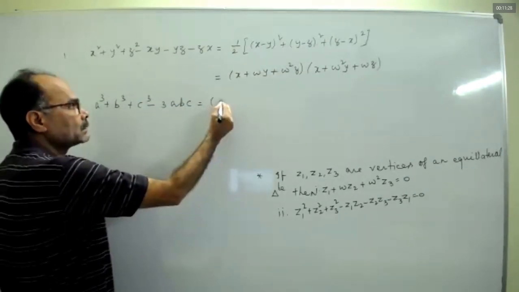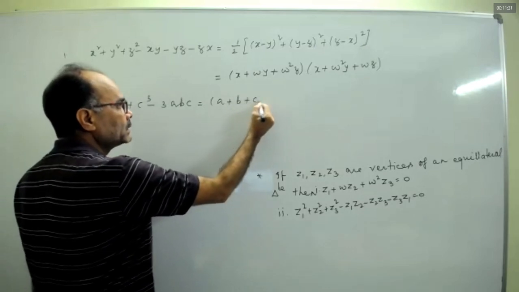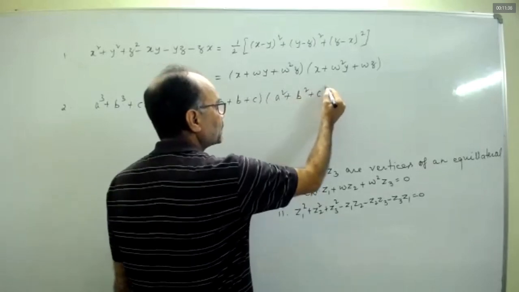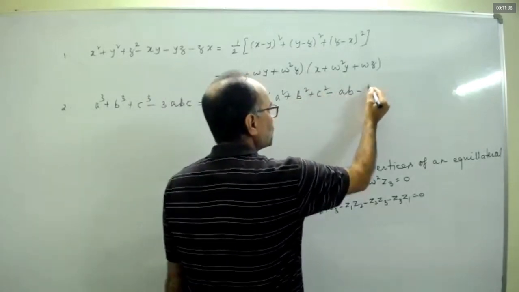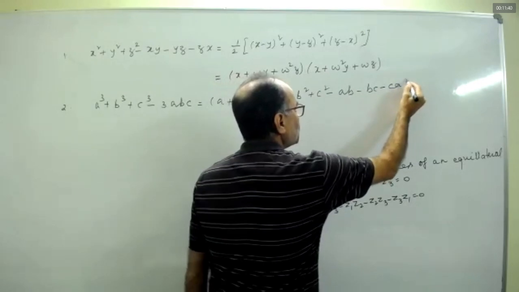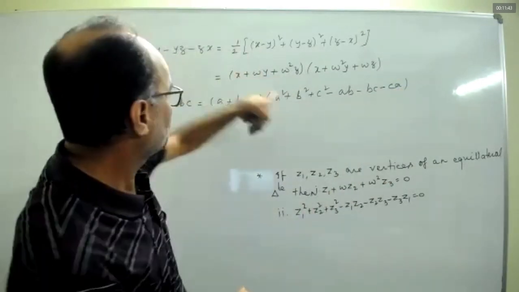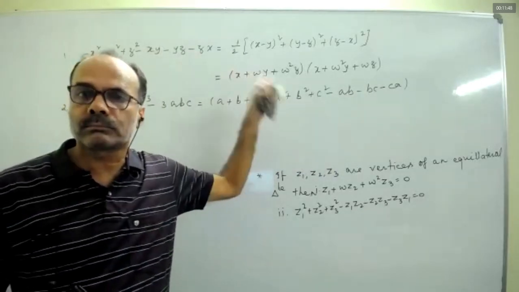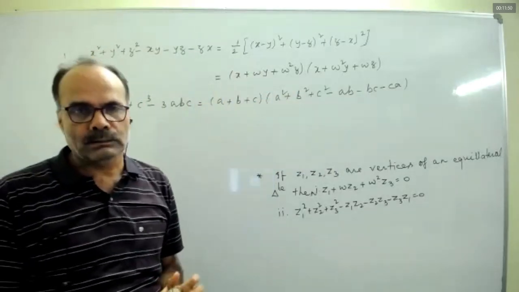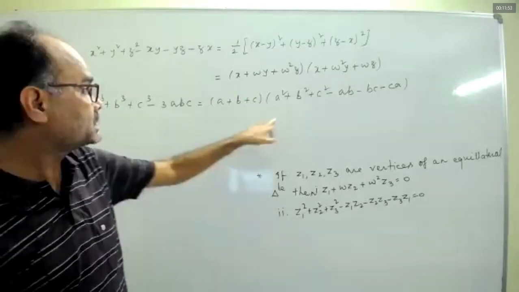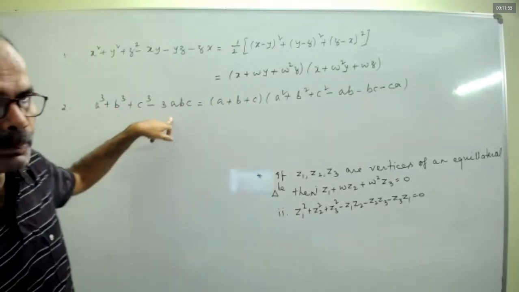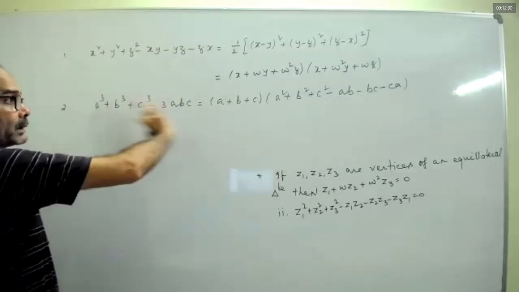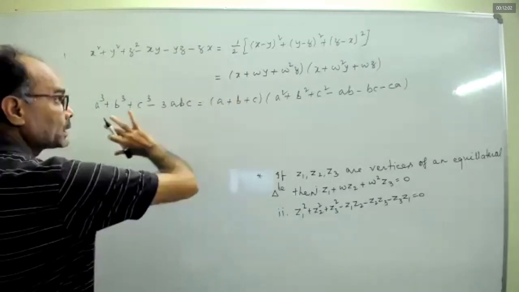This is a plus b plus c into a square plus b square plus c square minus ab minus bc minus ca. So if a plus b plus c is 0, then a cube plus b cube plus c cube is 3abc. These are common results.